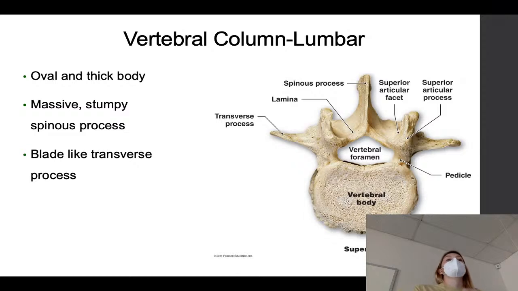And its transverse processes are going to be more blade-like, coming out a lot sharper and skinnier out the sides than the others. But the really easy thing is just look at how big it is compared to the rest. And it has more of a triangular shaped vertebral foramen.